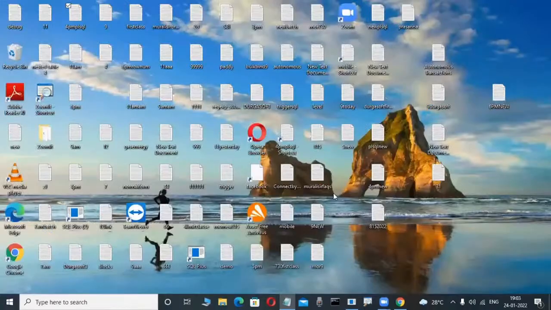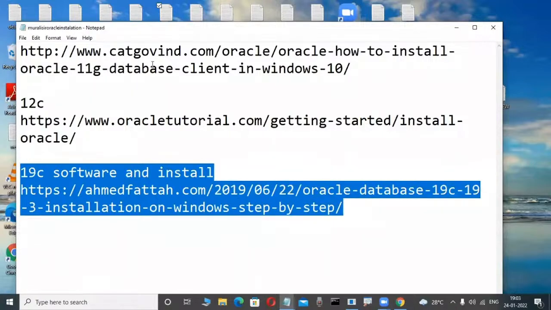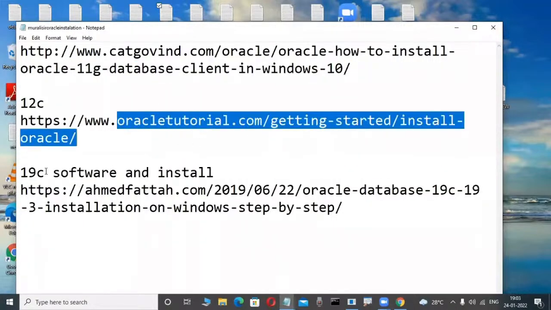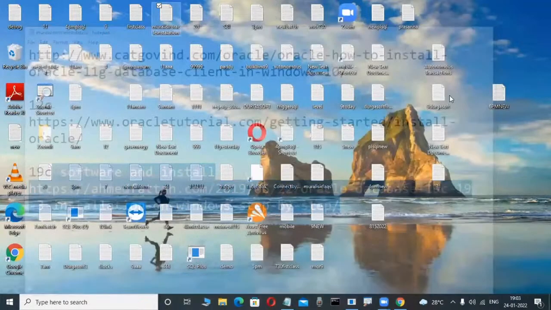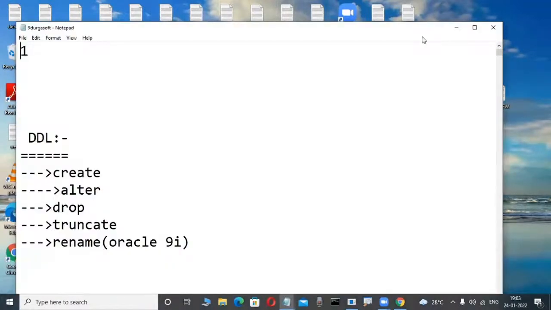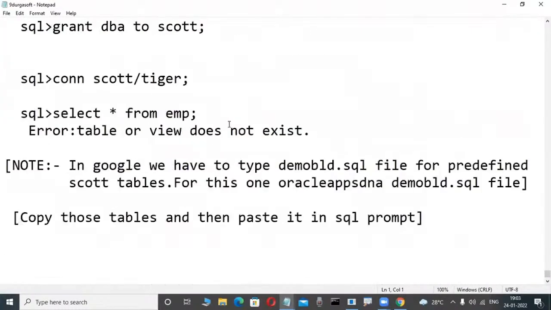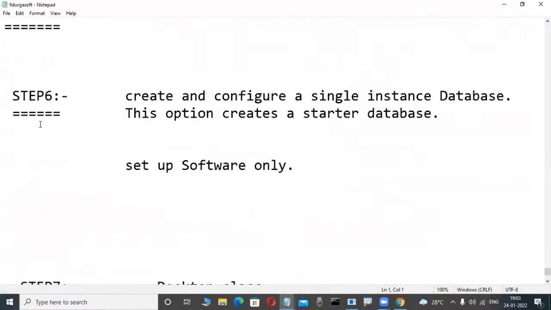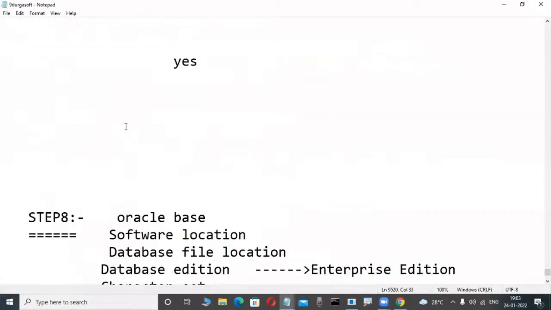Suppose in future, for installation, through which sites we are installing, I will tell you everything easily. Whether you are interested in 11G, 12C, or 19C, I will tell you the installation steps also. One of these days I will tell you how we are installing these software and which user, which tool, all the things.